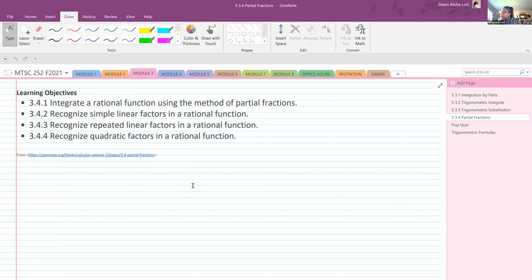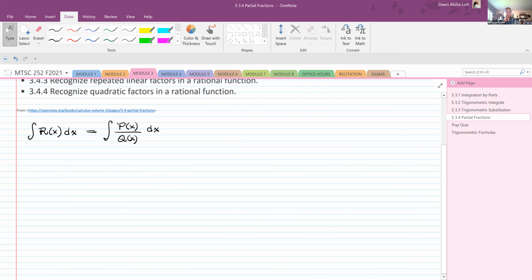Okay, so we're going to be integrating things that look like the integral of r of x dx, and r of x is a rational function. So that means it looks like the integral of a function p over a function q dx. Now, some of these we can actually do simple long division in order to figure it out.